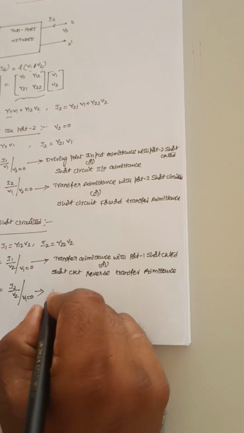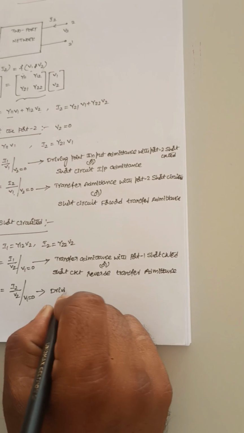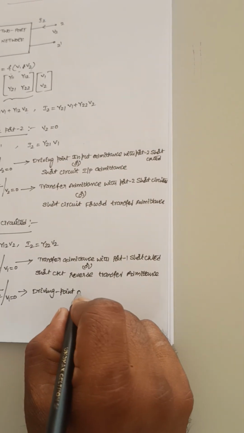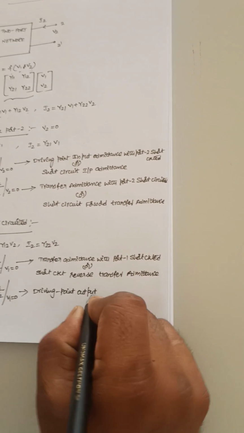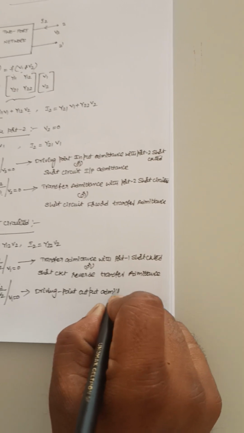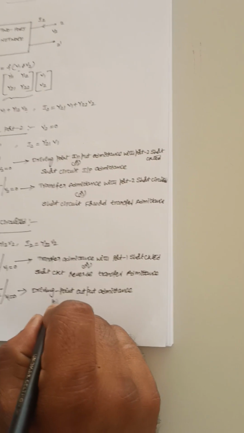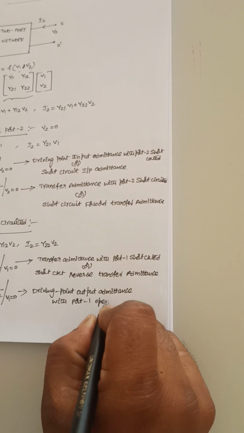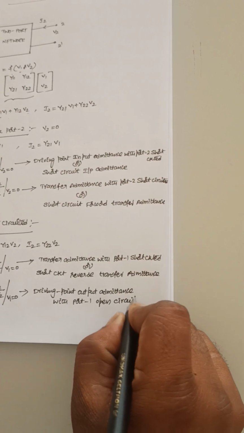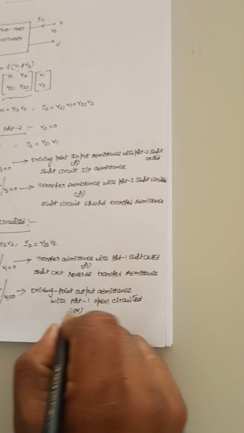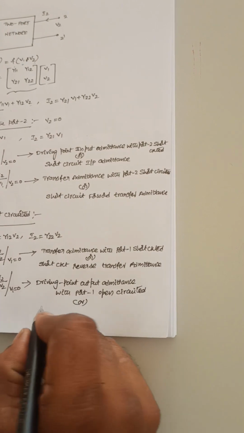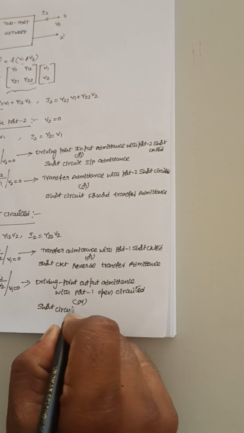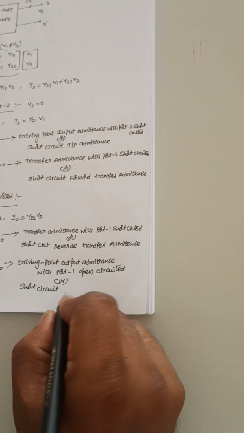And Y22 is the driving point output admittance with port 1 short circuited, or the short circuit output admittance.